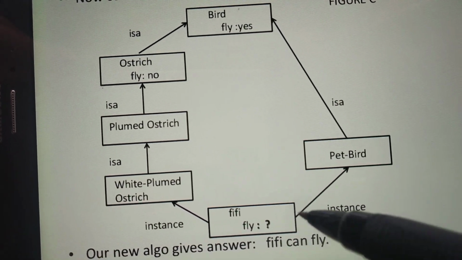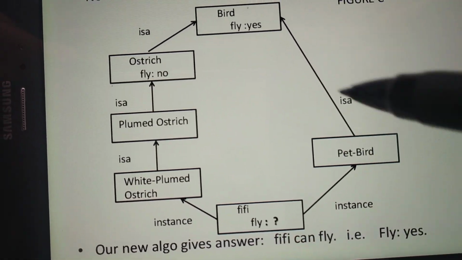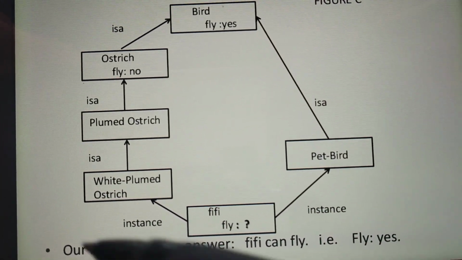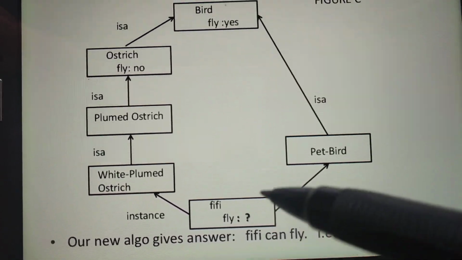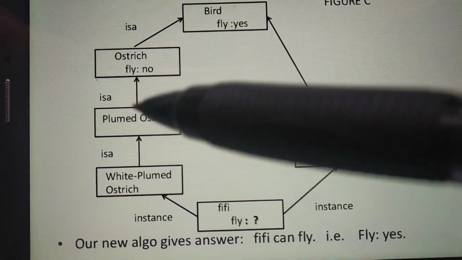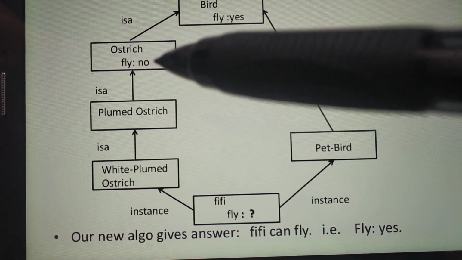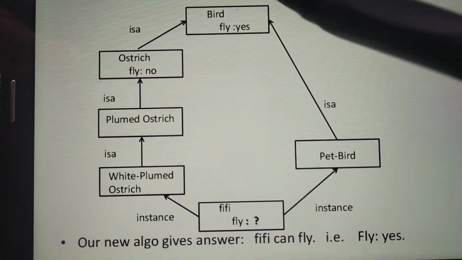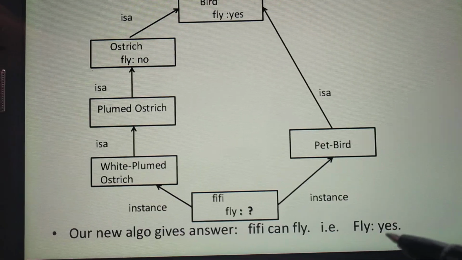Since 2 is less than 3, the answer is yes. Your breadth first search easily gives you the answer this way. Once it gets an answer, it will not explore beyond the next node and so on. So for this figure, the answer given by our path length algorithm is yes.